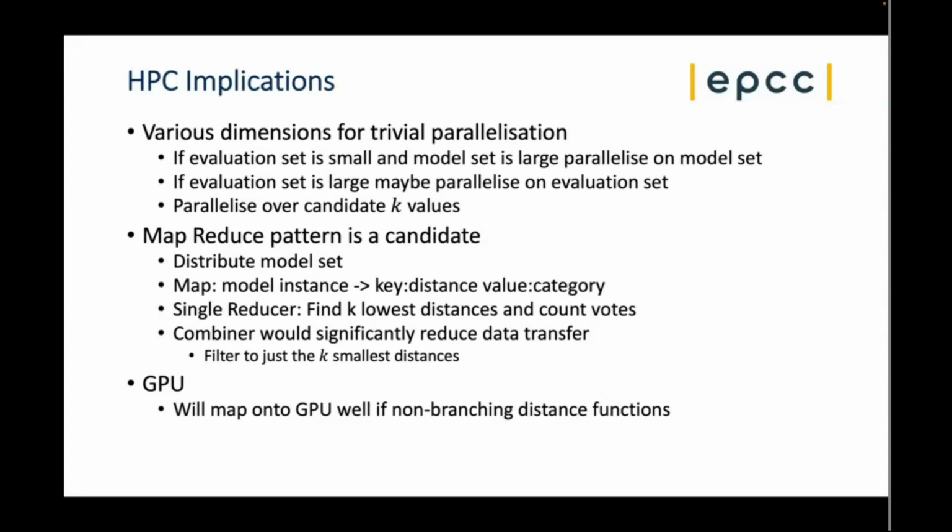Why are GPUs good for this kind of thing? Again, it's because it's mostly matrix algebra. You're doing a lot of matrix multiplications, and this is the kind of thing GPUs are generally quite good at. This kind of algorithm does map well onto a GPU as long as you choose non-branching distance functions.